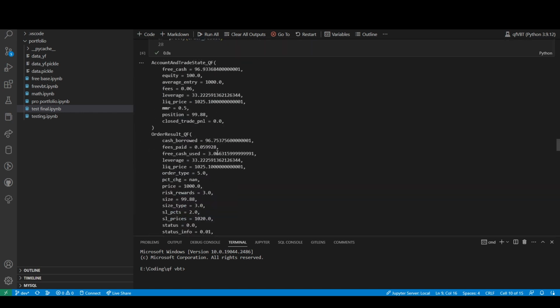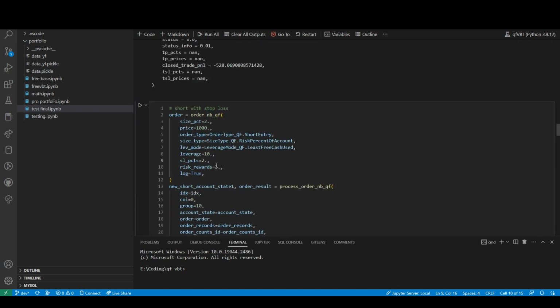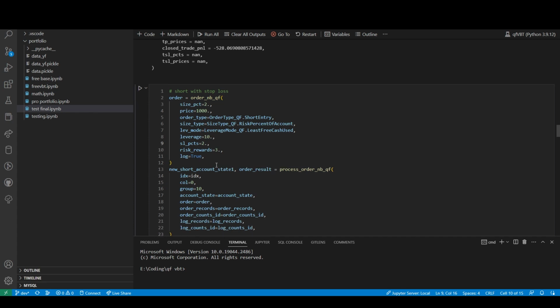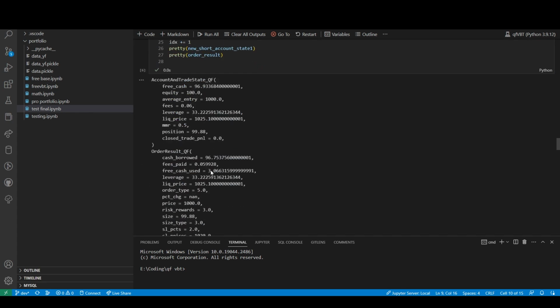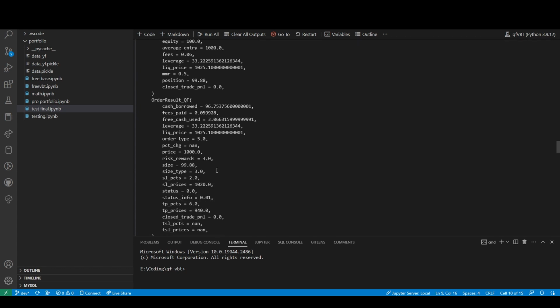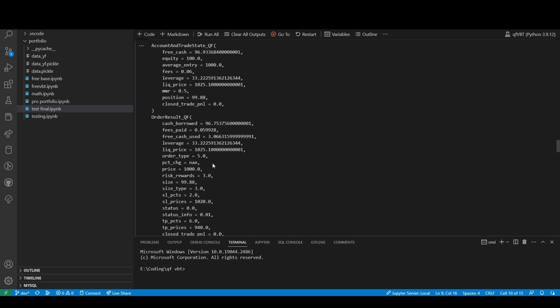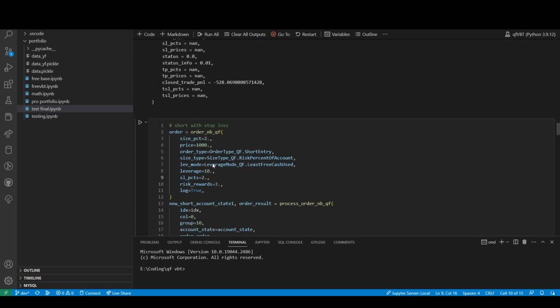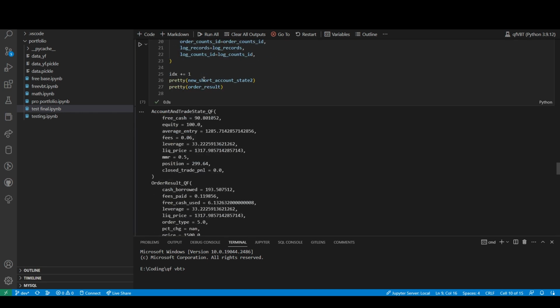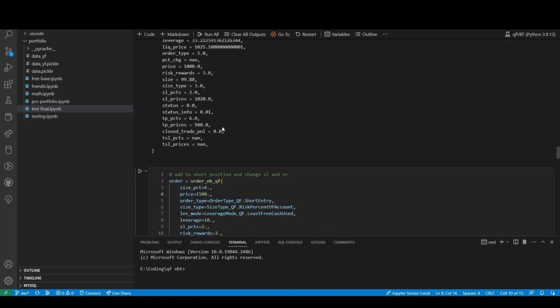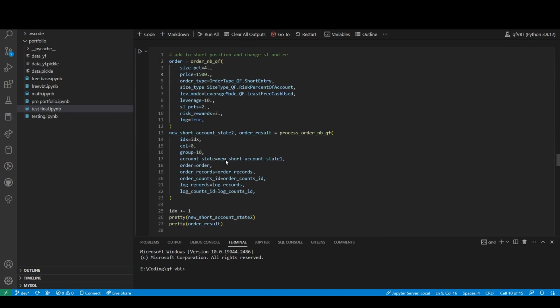Why is our leverage 33 still? Is that right, for our leverage to stay the same? Shouldn't it change? Oh, add to the short position. Wait, yeah, what? 33.22. Why?